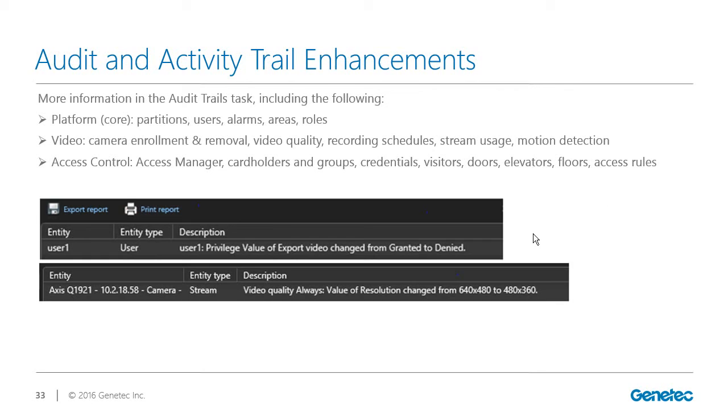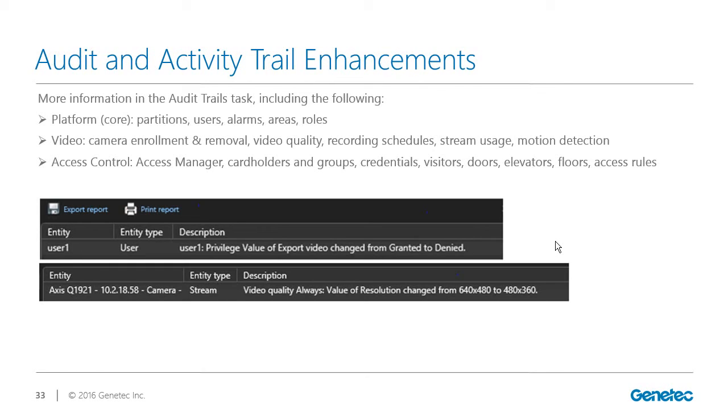To give you a couple examples from the audit trail, for entity user 1, we can see that the privilege value for the export video was changed from granted to denied. Previously we might see something like, it was changed, but we wouldn't actually see what it was changed from and to.